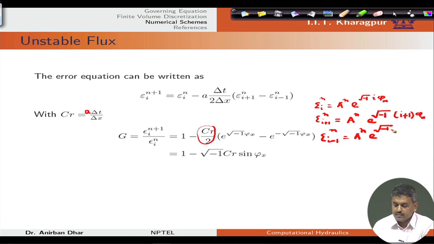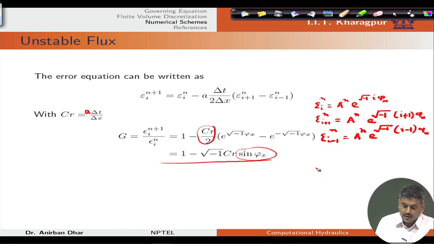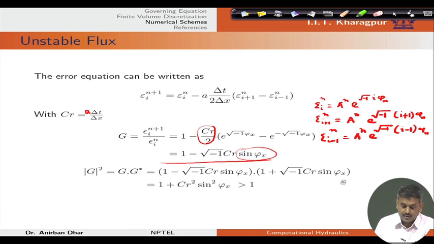So, we can just simplify this one and get 1 minus square root of minus 1 CR sin phi x, and in this case we can write our G or growth factor, which is G into G star, which is the conjugate complex number. So, this is minus, this will be plus.